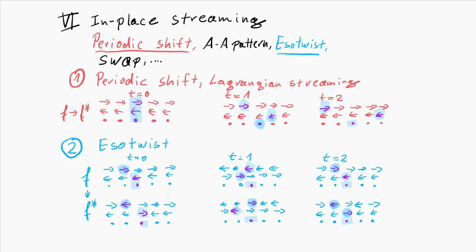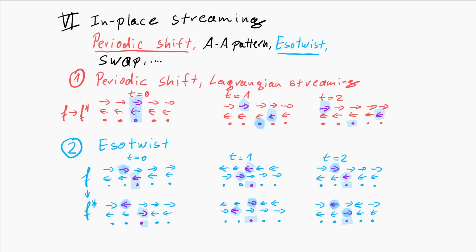So here I only briefly address two of them, and I will always only be very brief. So if you don't get all of this, you probably have to go back to the original publications on this. So the two we are looking at are the periodic shift and the Esoteric Twist.